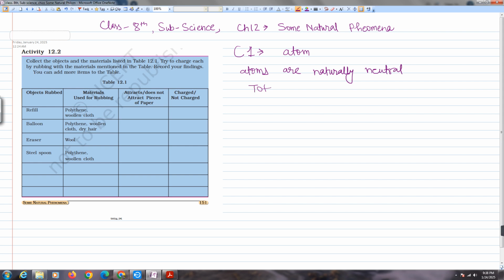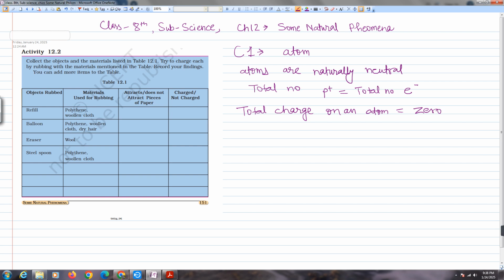So the total number of protons is always equal to the total number of electrons. That's why the total charge on an atom is equal to 0. Correct? So this is just a kind of macroscopic concept.